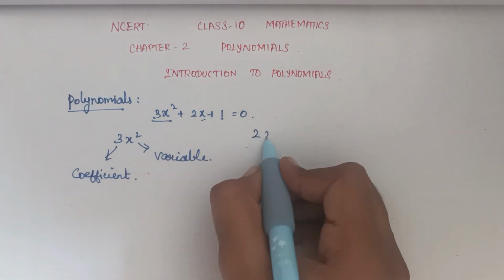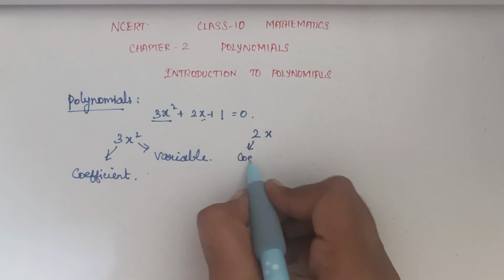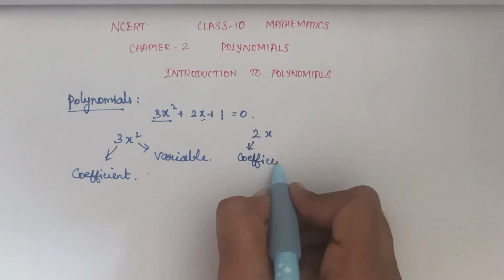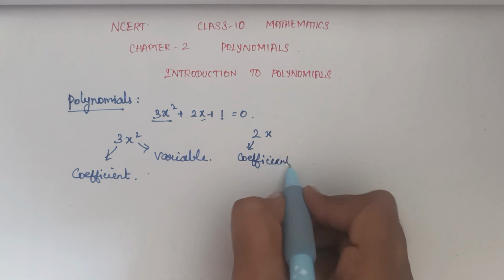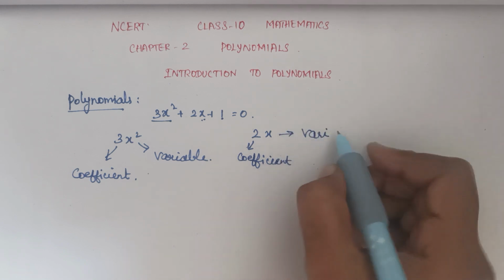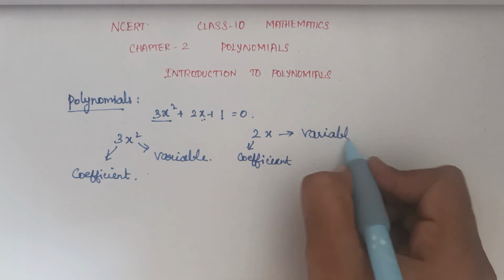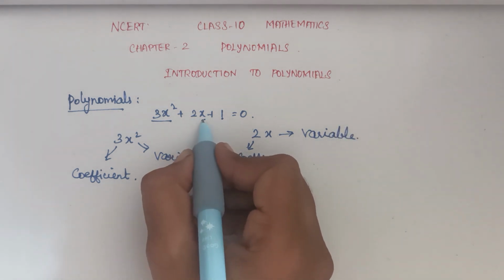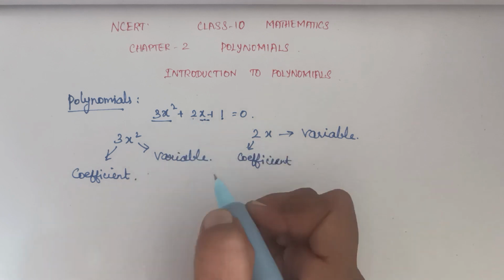For 2x, 2 is the coefficient and x is the variable. They may ask, what is the coefficient of x? The coefficient of x is equal to 2.